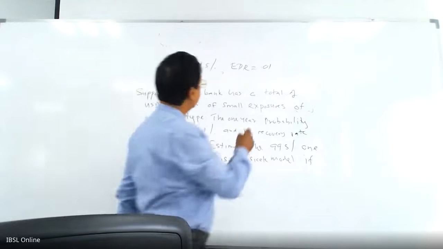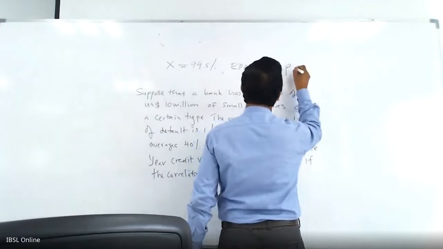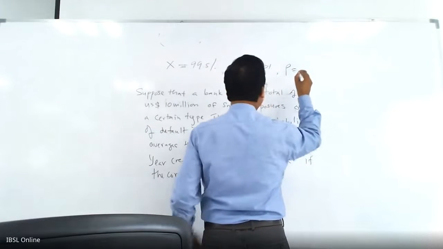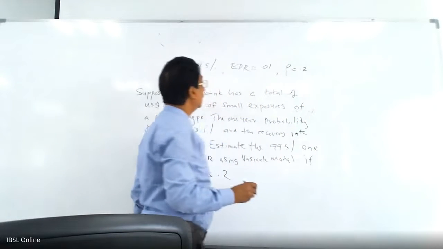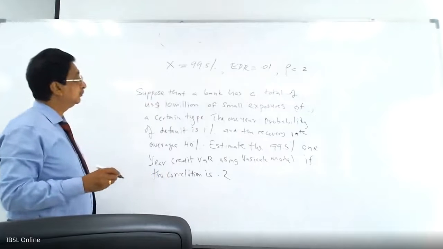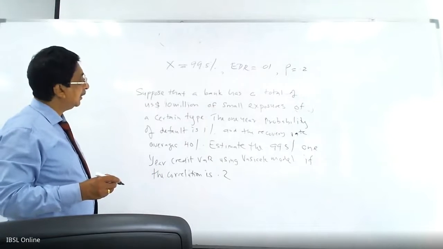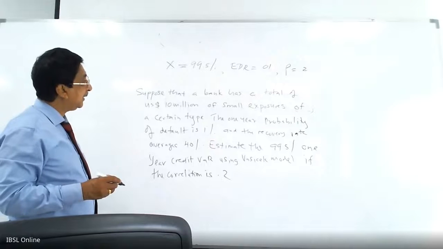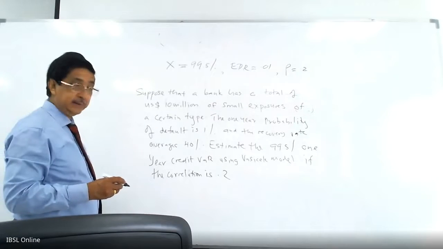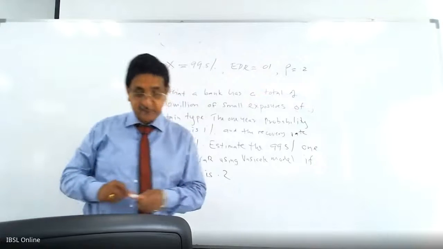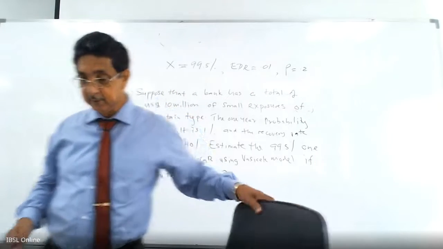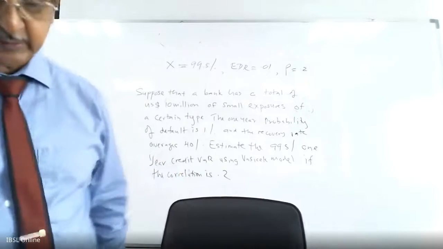Then the correlation rho is equal to 0.2. Anything else? Now I think the PD or something like that is there. That is none other than the 99.5 X. So you can just check it.